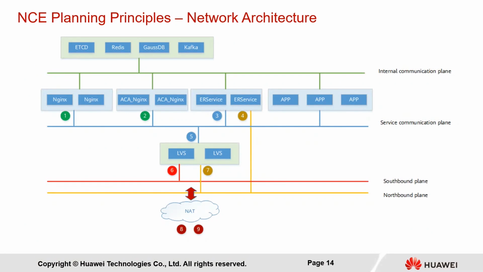And this figure describes the network planes. As you can see, the service applications and also the database are connected through the internal communication plane. Look, here, the internal communication plane. This one is the green one.